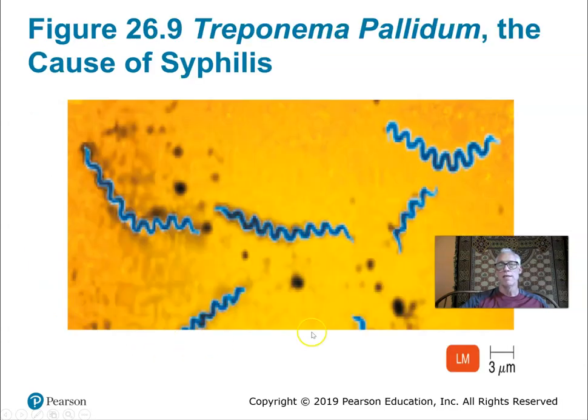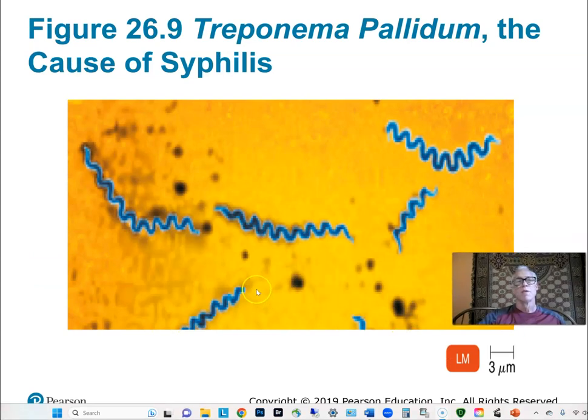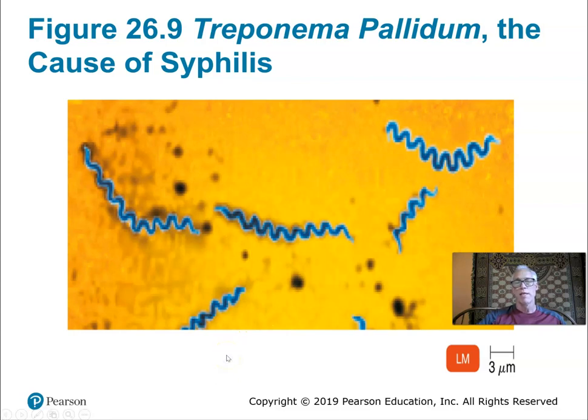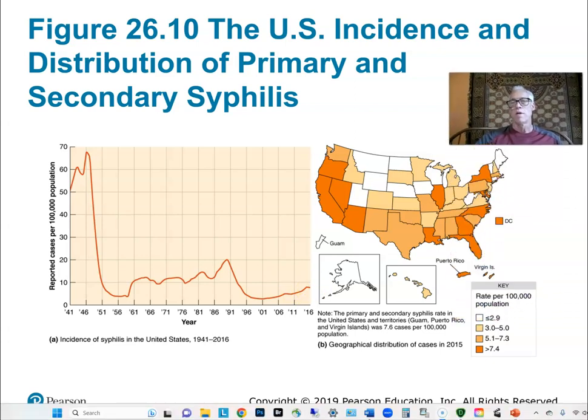There's an increasing number of cases lately. There's a picture of some Treponema, corkscrew-like spirochetes. And we can see a real drop in the prevalence of this disease, and now it's rising again for some reason over the last 10 years up to 2016 and continuing to today. There's a rising incidence or prevalence of syphilis.